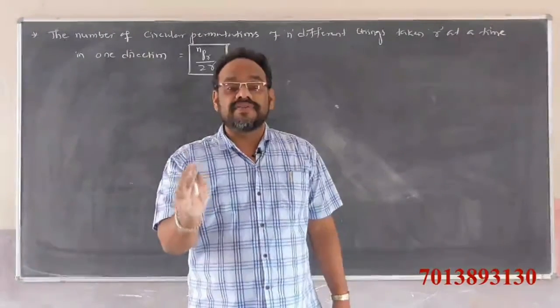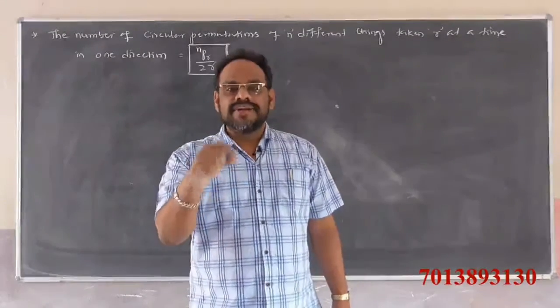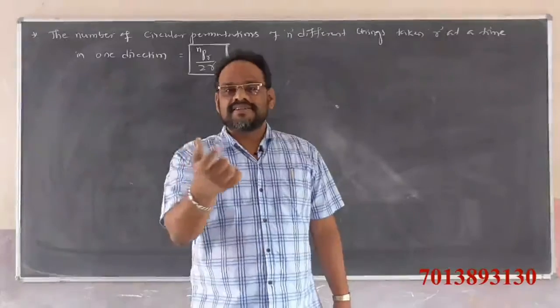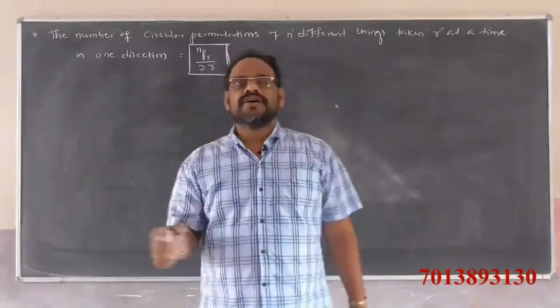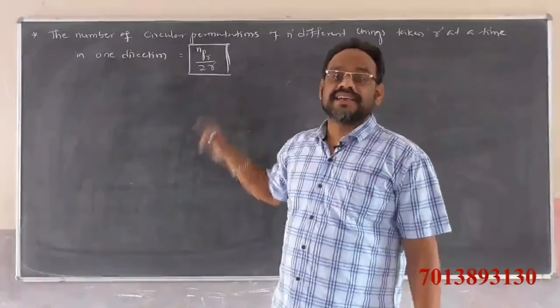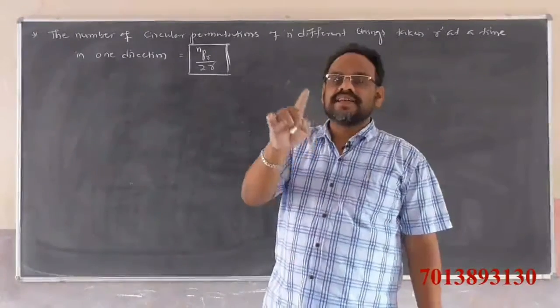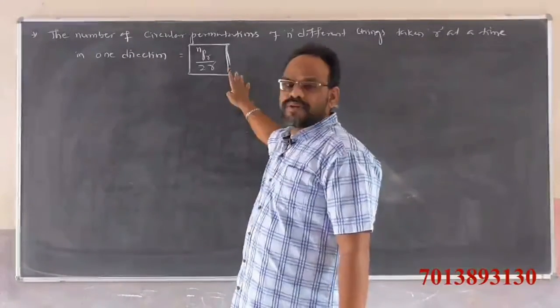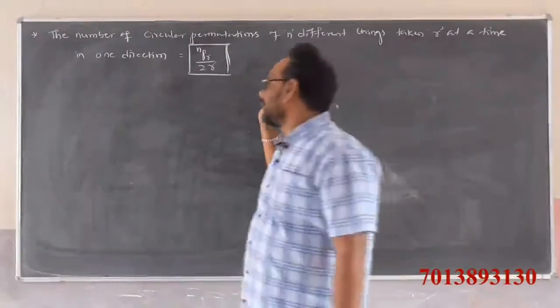In special cases, like beads of a necklace or garlands of flowers, we consider only one direction. In those cases we use this formula, nPr by 2r. Let us discuss one example here.